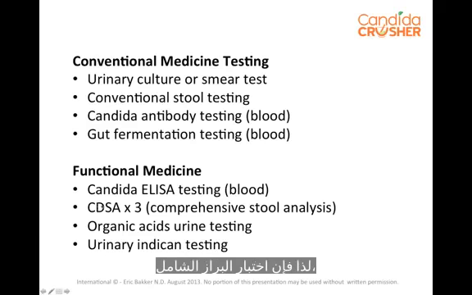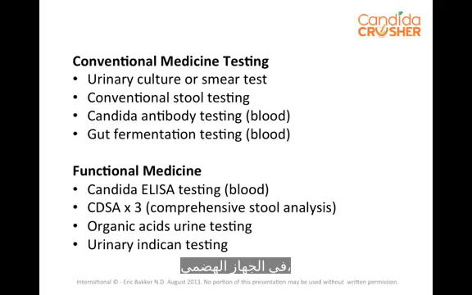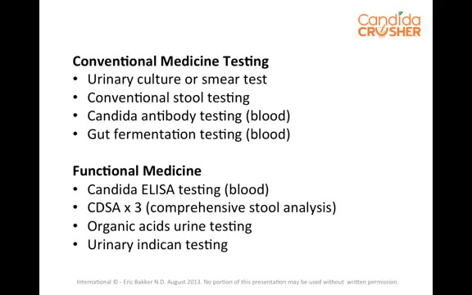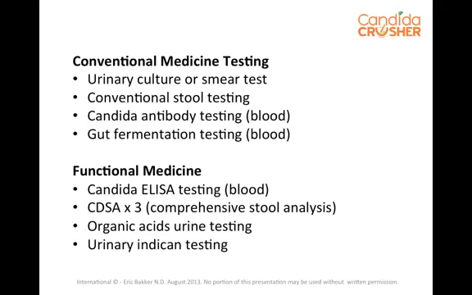So the comprehensive stool test, I believe, is the best way to determine not just Candida, but a whole raft of other dysfunctions in the digestive system that many patients with Candida actually present with. We can determine by what kind of foods are broken down and passed out. We determine these to be organic acids.